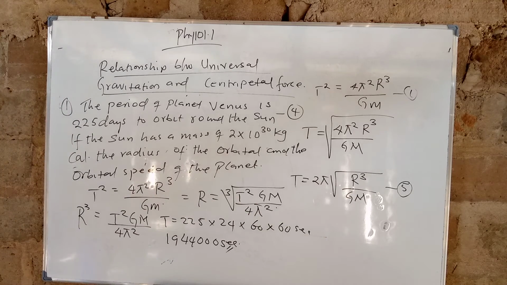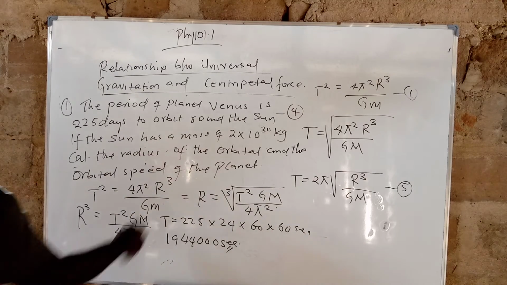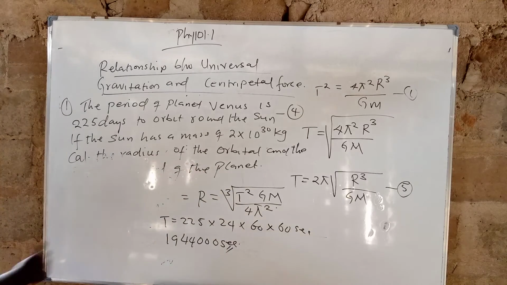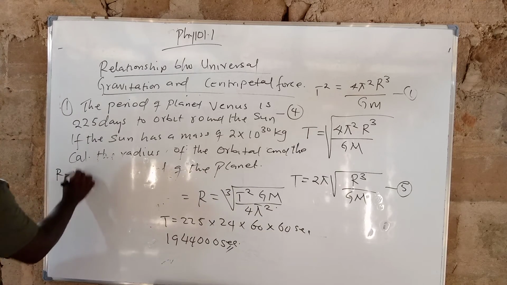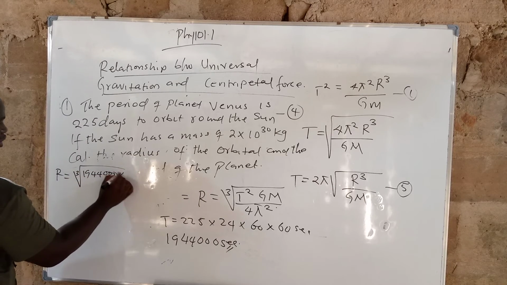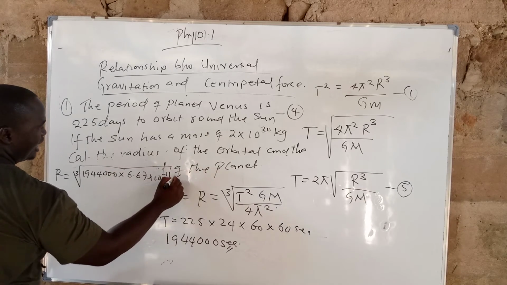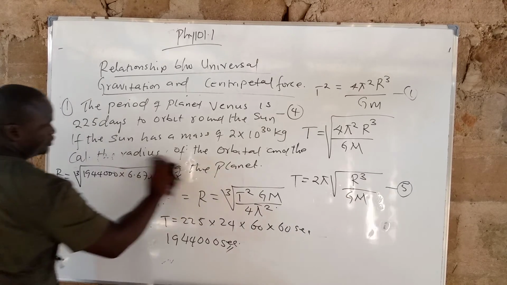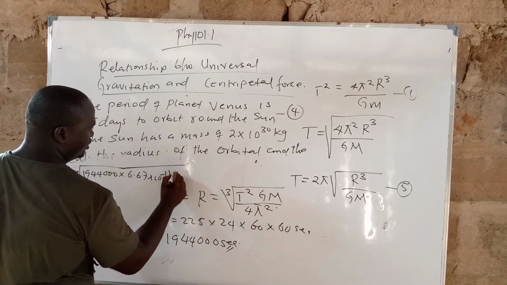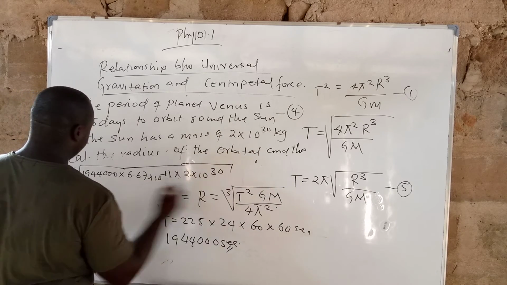G is the gravitational constant, that is a constant. The mass is already given. So all you need to do is substitute it and get your answer immediately. And so r equals the cube root of 1944000 squared times 6.67 times 10 raised to the power minus 11 times the mass, which is 2 times 10 raised to the power of 30.